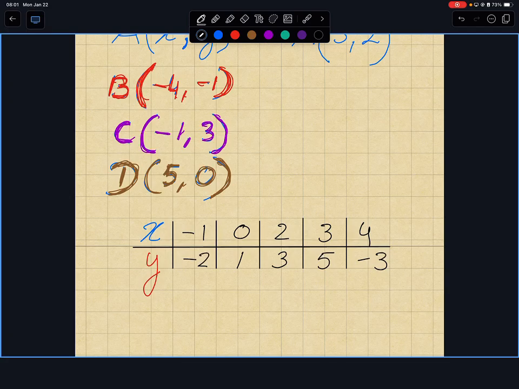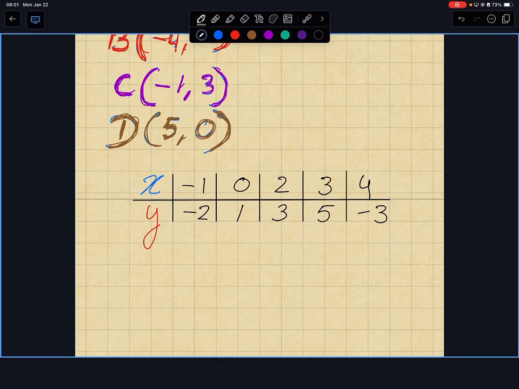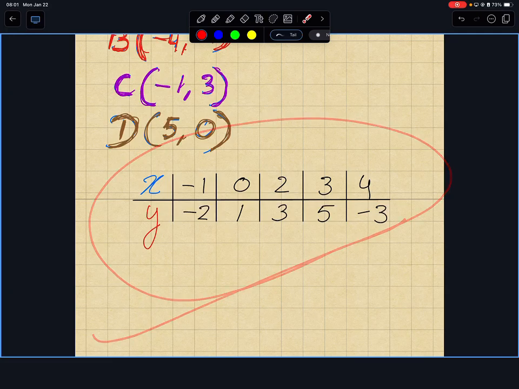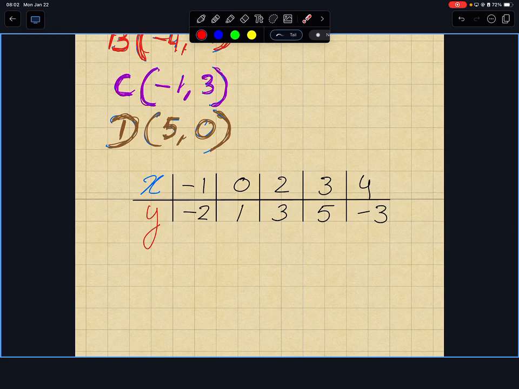Most of the time you receive a table, and from this specific table, you have to place the coordinates in the graph and afterwards draw the line. But teacher, I have a table. This is not a coordinate. You are most certainly right. You have to find the coordinate. But what is the coordinate? Extremely easy.